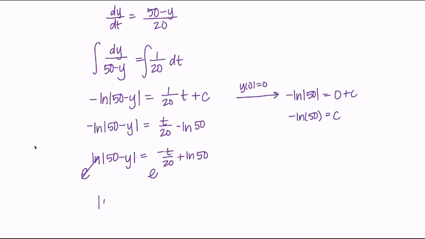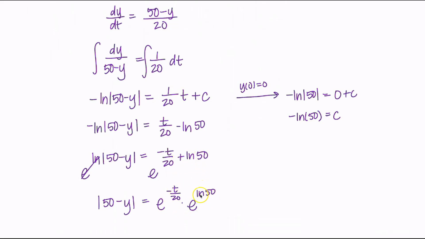We're going to make e the base of both sides, and e to the natural log cancels. So we have absolute value of 50 minus y is equal to, now on this side, what I'm going to do is write this as e to the negative t over 20 times e to the natural log of 50. Here I'm taking e to the first part of the exponent, and then times e to the second part of the exponent, because remember, we can put these back together with the same base if we add those exponents.